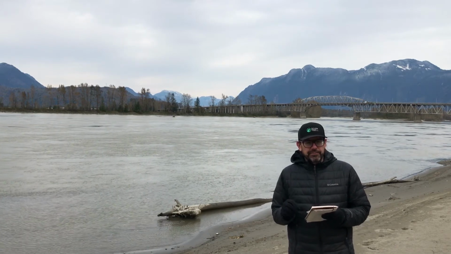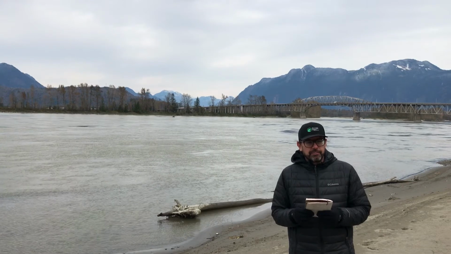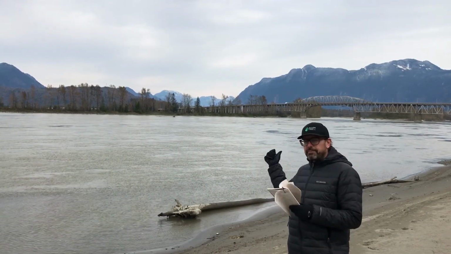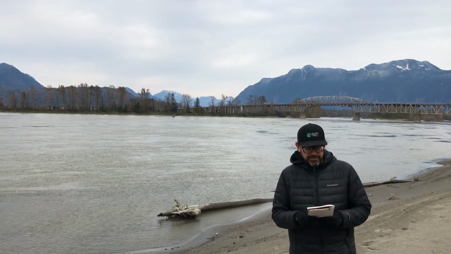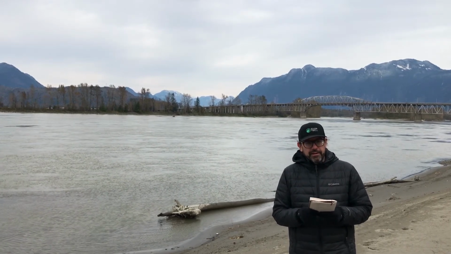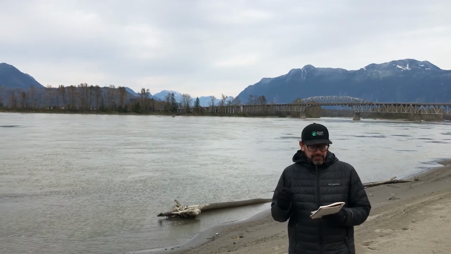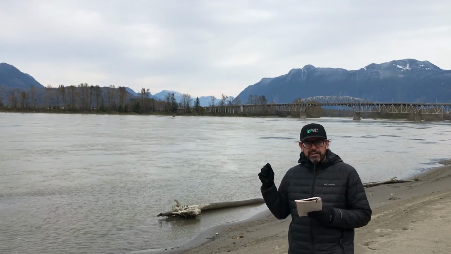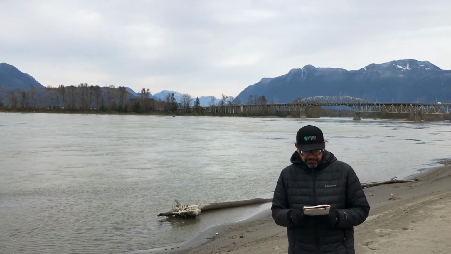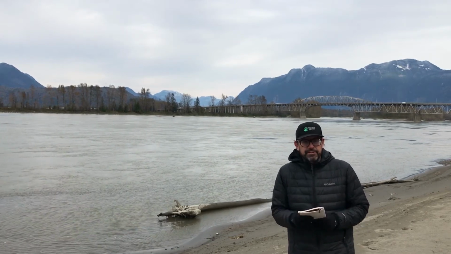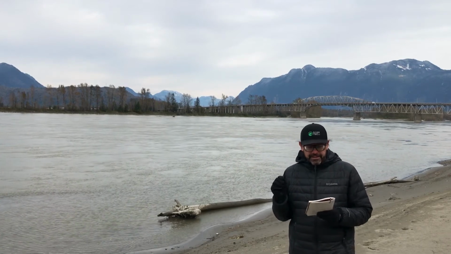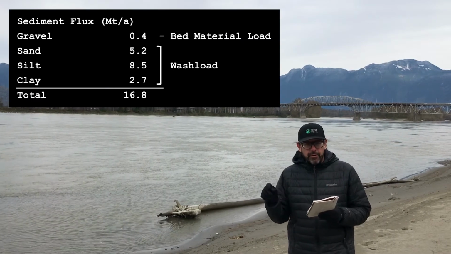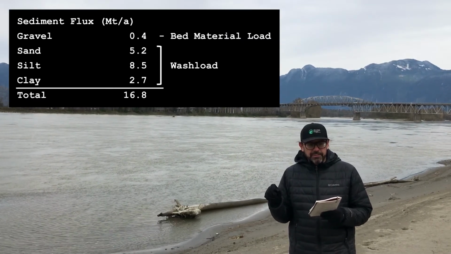The sediment budget of the Fraser River has been established partly through measurements that were obtained just upstream here at the Agassiz Bridge. For a period of time in the 1980s, gravel, sand, silt, and clay fluxes were measured through the Fraser River. What those observations have shown is that the amount of gravel that moves through the river here is about 400 megagrams per year.